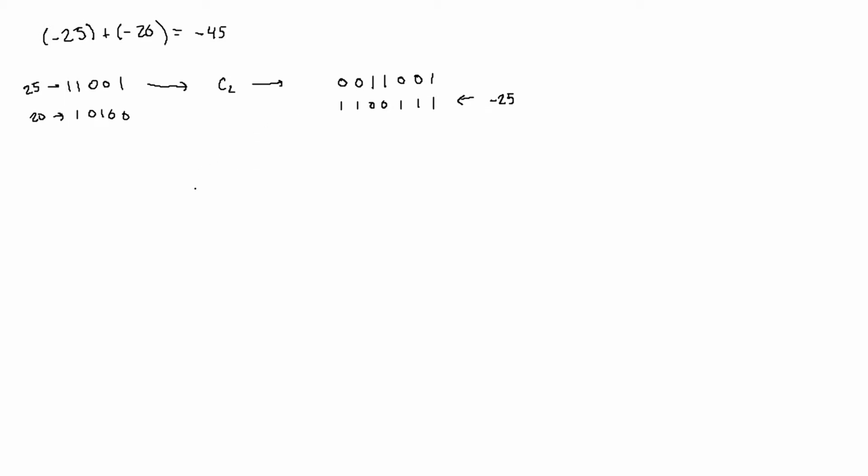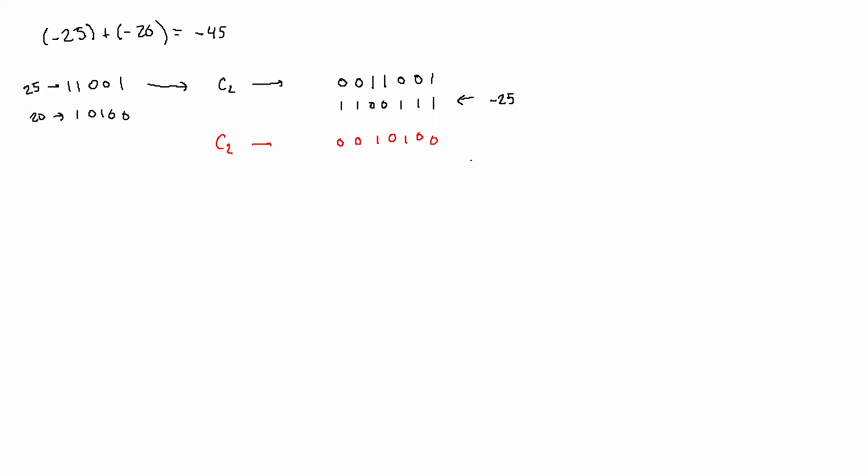I'm going to do exactly the same thing for the other number, that's minus 20. I'm going to do the 2's complement for minus 20, and let me write that number. That is 1, 0, 1, 0, 0. I'm going to add two zeros prior to it, okay?